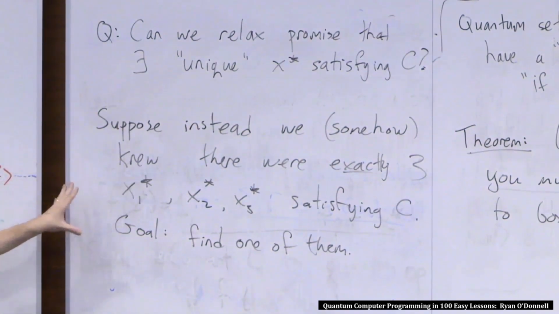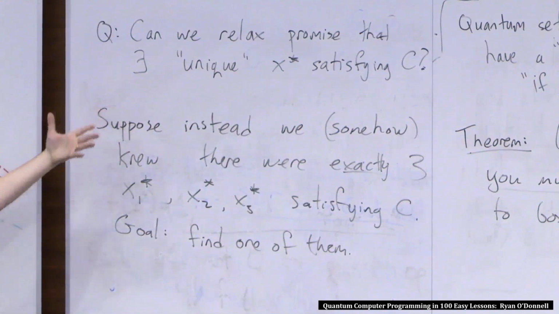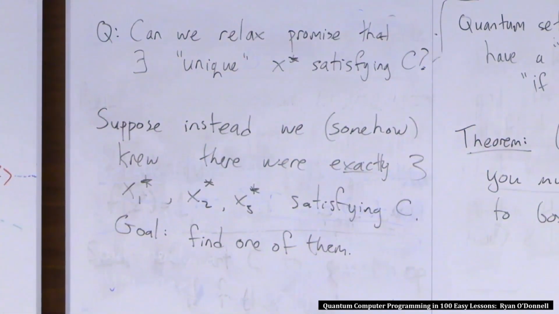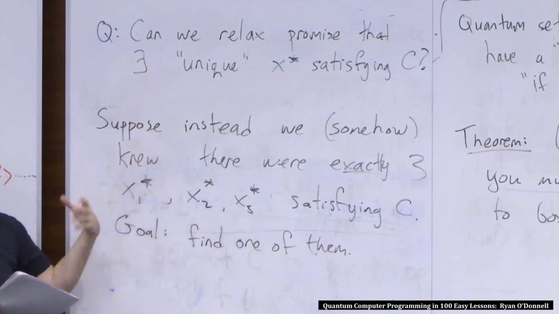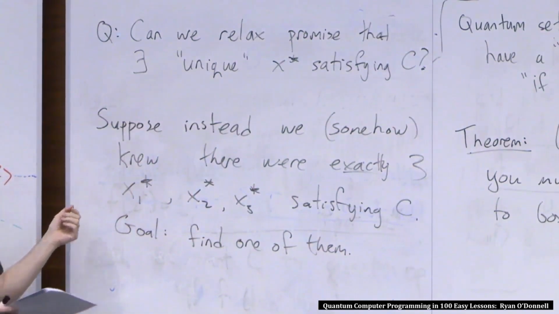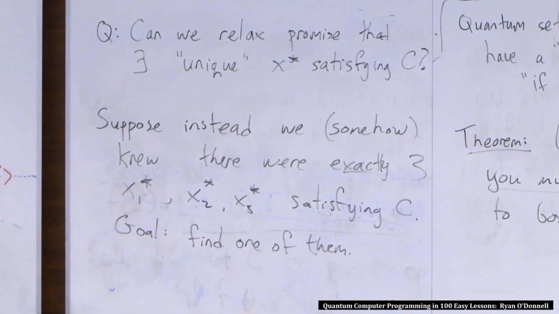But for now, let's just think about solving it. And once we solve it, we'll see that it was a little bit faster than the unique case, and we're going to become interested in how much faster you can do it. Because with the classical algorithm of just guessing strings, plugging them into C, and seeing if they satisfy it, you should be able to do this one maybe 3 times faster.